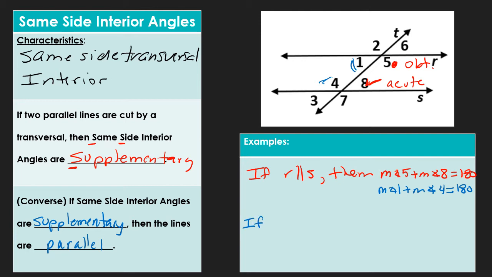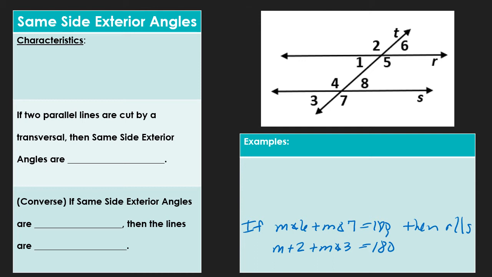So if the measure of angle 5 plus the measure of angle 8 adds up to 180, then R is parallel to S. And you could also use the other pair of same side interior angles. So we could also use the measure of angle 4 plus the measure of angle 1 adds up to 180. So either way, it works with both pairs of same side interior angles.